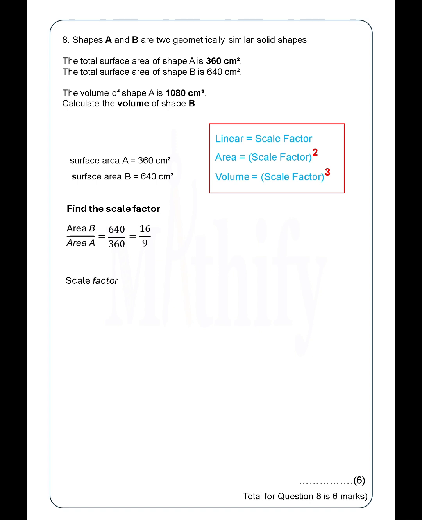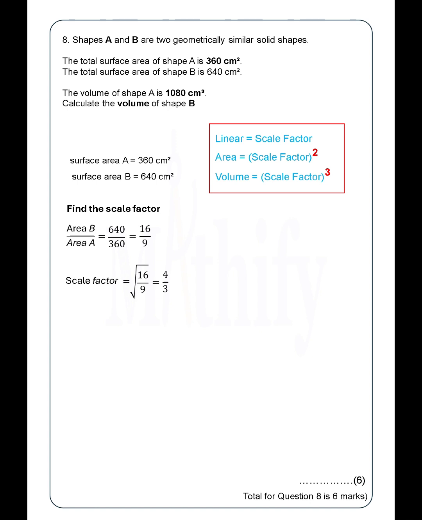Now, to get to volume, we first need to square root the scale factor. Remember, this scale factor is in centimeters squared. We need to first convert centimeters squared into centimeters. The best way to do that is square rooting 16 out of 9. Now, square root of 16 out of 9 is equal to 4 out of 3 because square root 16 is equal to 4 and square root 9 is equal to 3.